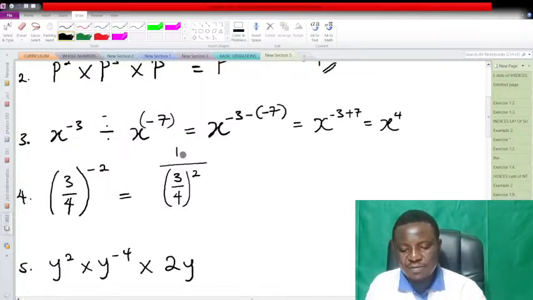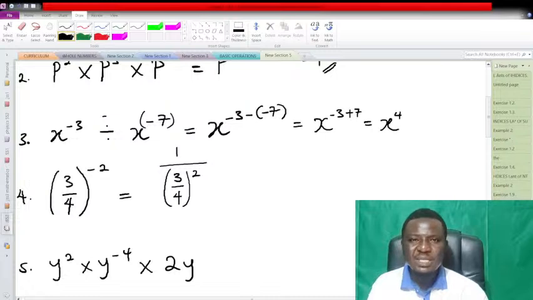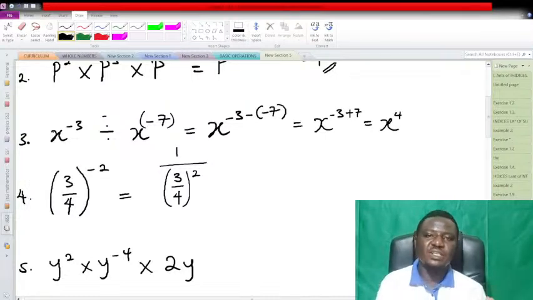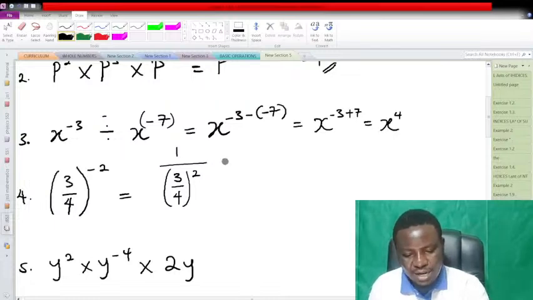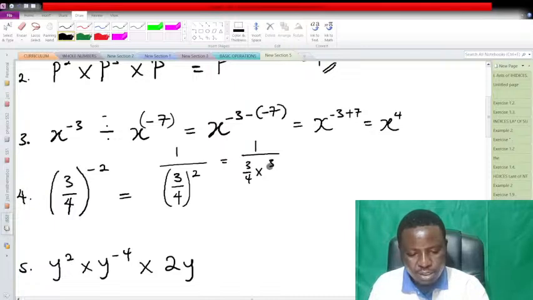Whenever you have a fraction all raised to a negative power, this can be said to be the inverse law. Because if I'm to simplify this further, this is equal to 1 divided by 3/4 squared, which means 3/4 times 3/4, okay?